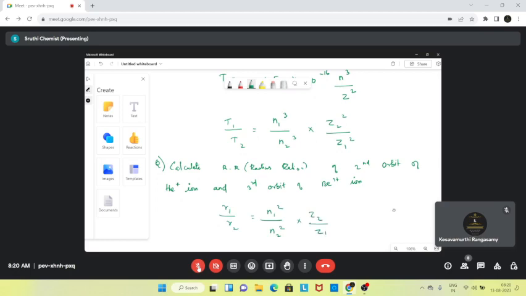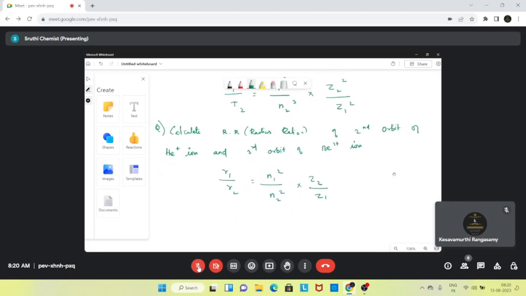So how can we solve this problem? They are asking for the radius ratio, so we should find the value of R1 by R2. Let's consider helium plus as the first one. Tell me the value of N1 for helium.